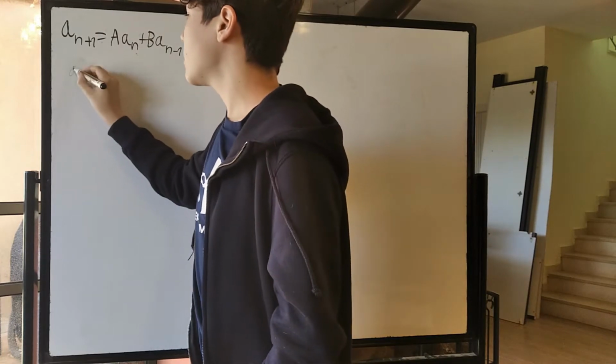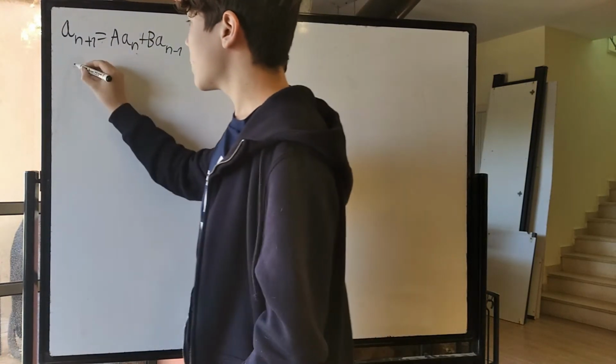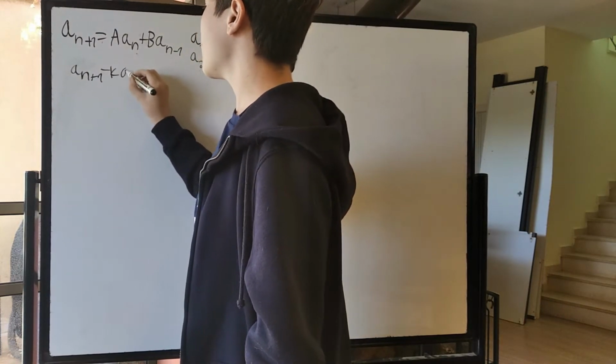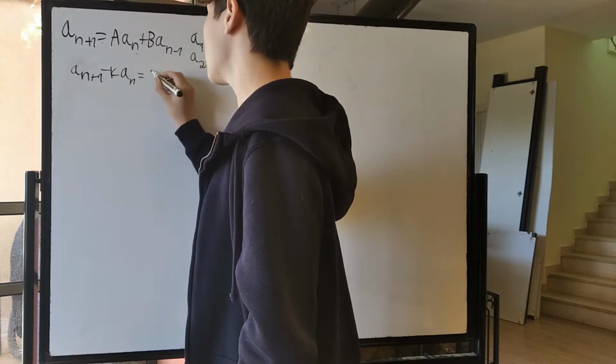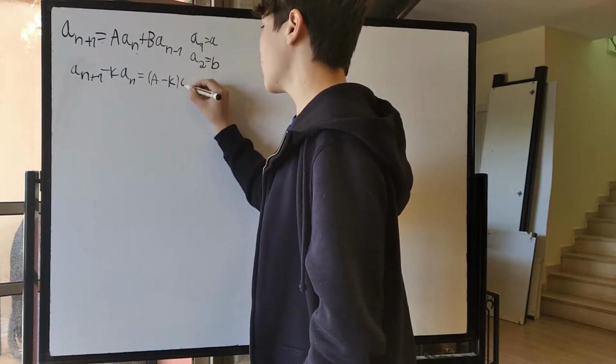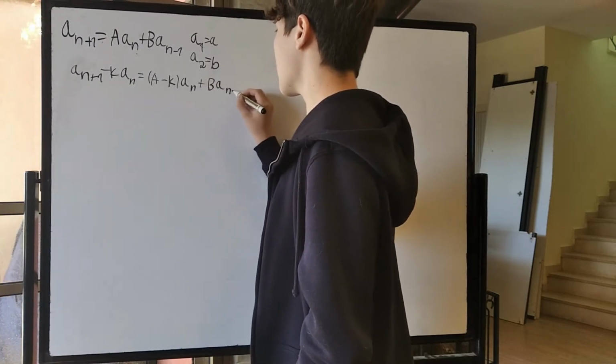So we'll get a(n+1) minus k a(n) is equal to (A minus k) a(n) plus B a(n-1).